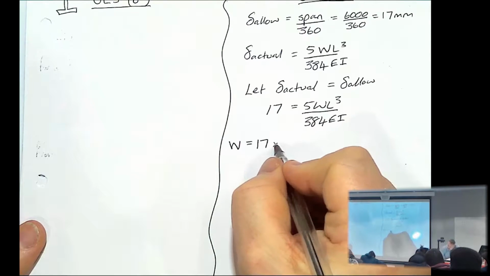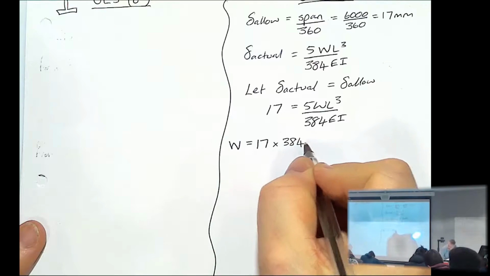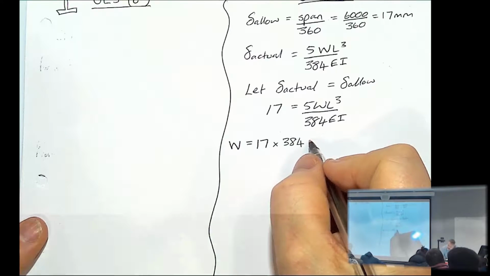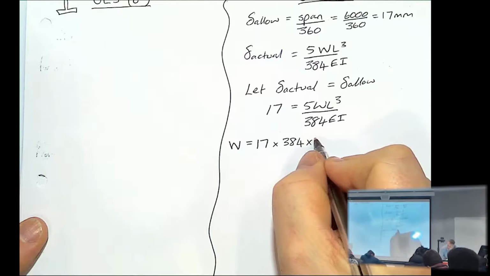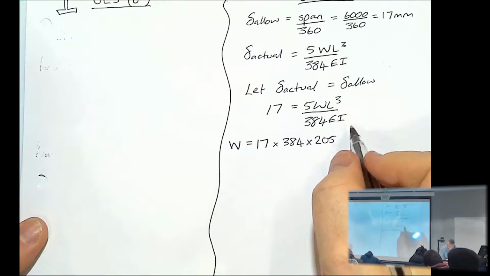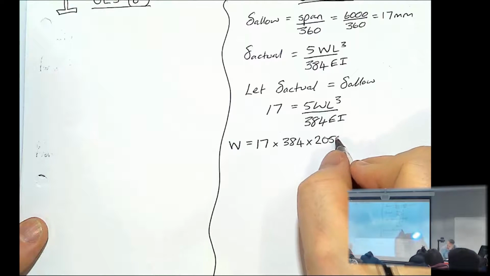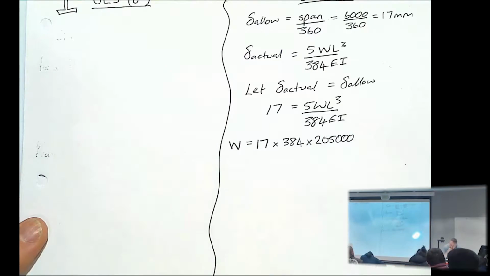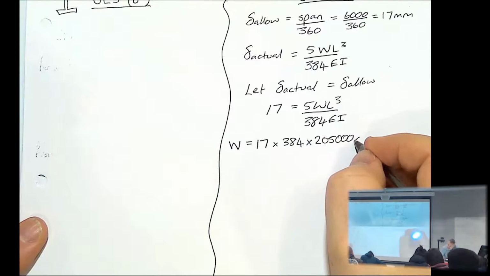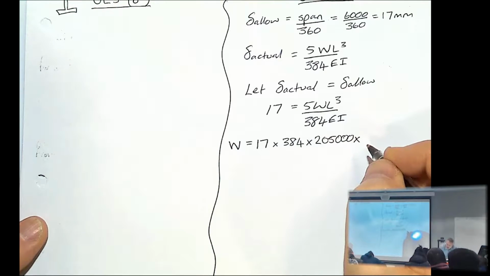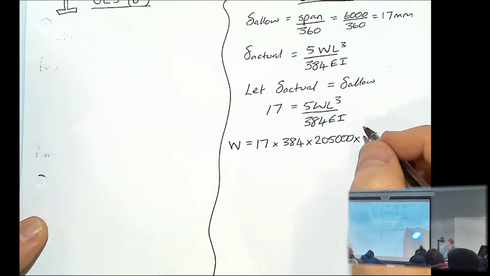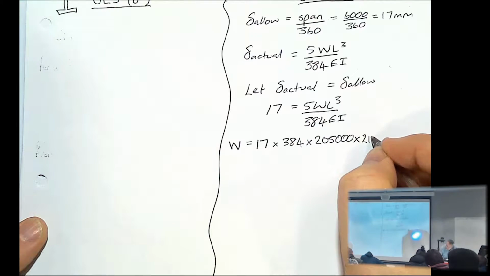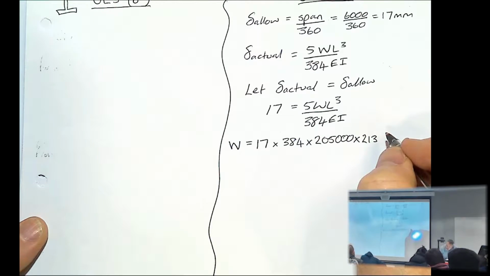Bring the 384 up. Next we look at our E value, which is 205 kilonewtons per millimetre squared, so put everything into millimetres. Then our I value is 213.7 times 10 to the 6.